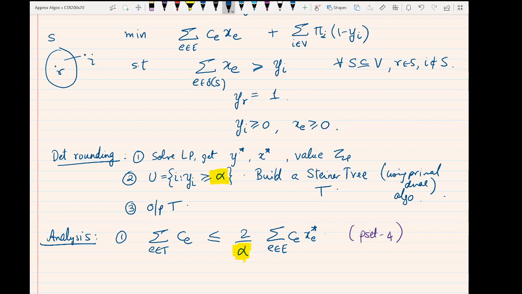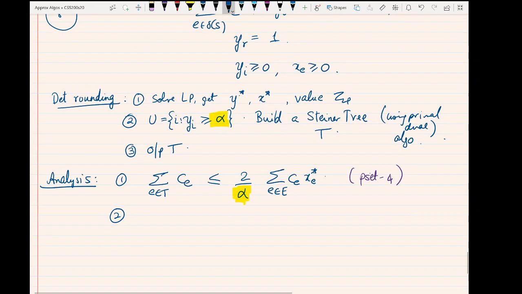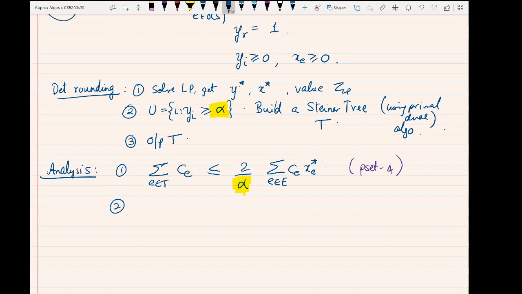The second thing that you wanted to check is that the penalty cost that we incurred again is related to the penalty cost of the LP over a factor 1 minus 1 over alpha.